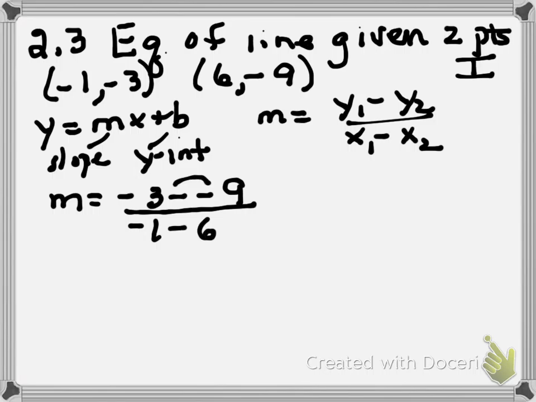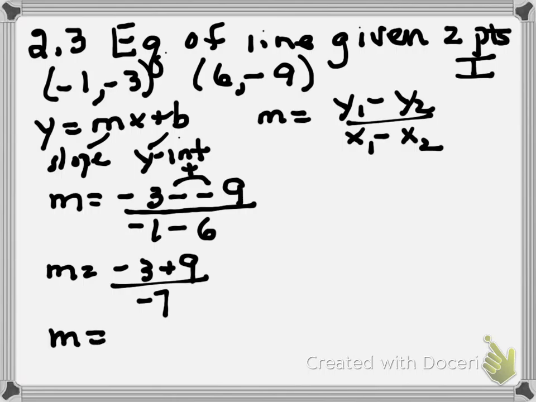A negative and a negative make a positive. So I have negative 3 plus 9 and negative 1 and negative 6 is negative 7. Negative 3 and a positive 9 is 6, so I'm getting a slope of 6 over negative 7, which typically I put the negative either in the numerator or out in front of the whole fraction.